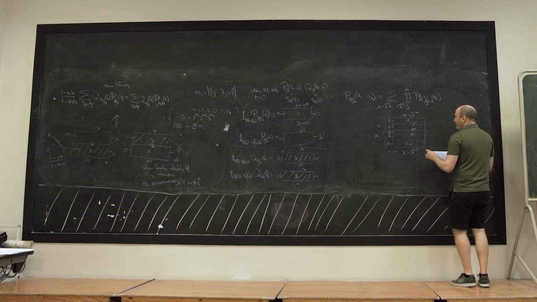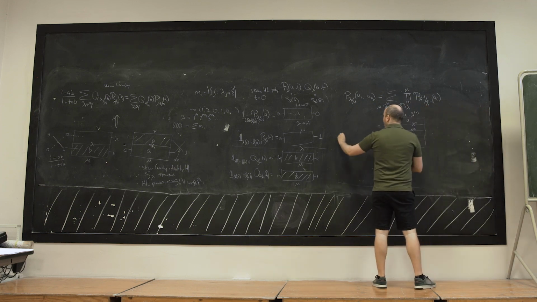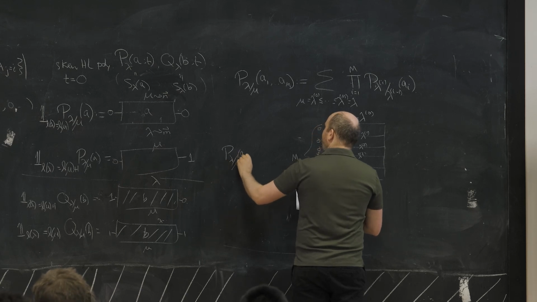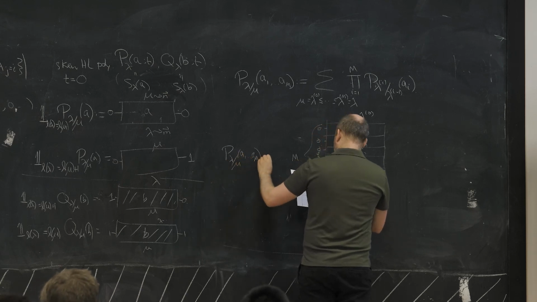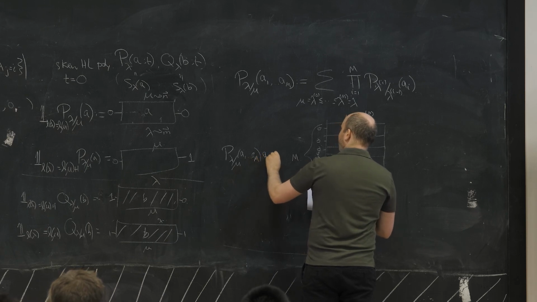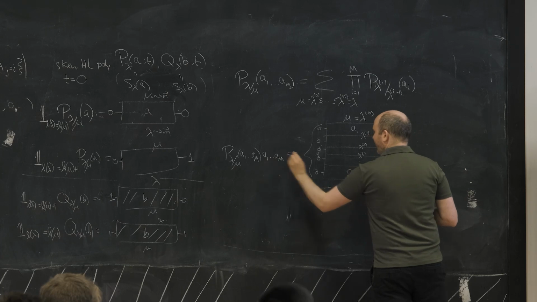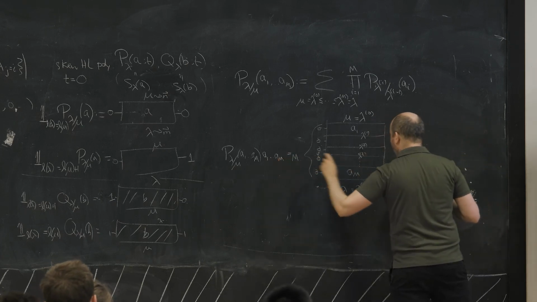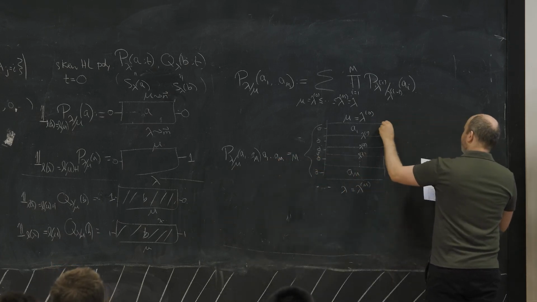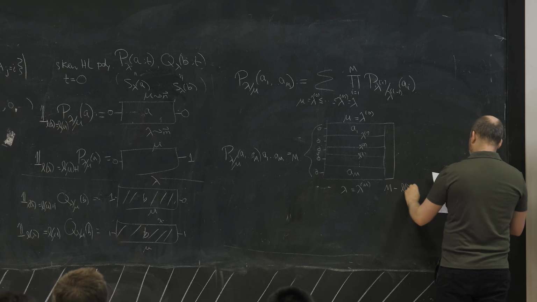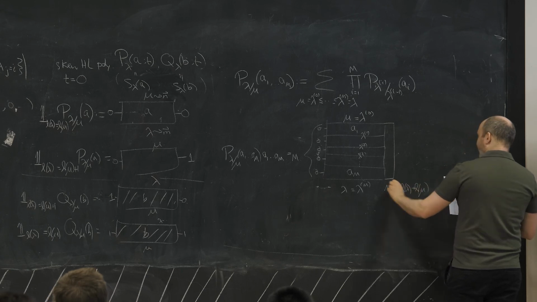So what do I do? First of all, I don't change the symmetry properties of this if I multiply by a1 through am, right? This is a symmetric product. So I'm going to rewrite this, since I've multiplied by something. What I'm actually going to do is augment this with one additional row where I have capital M minus the length of lambda plus the length of mu arrows coming in here.